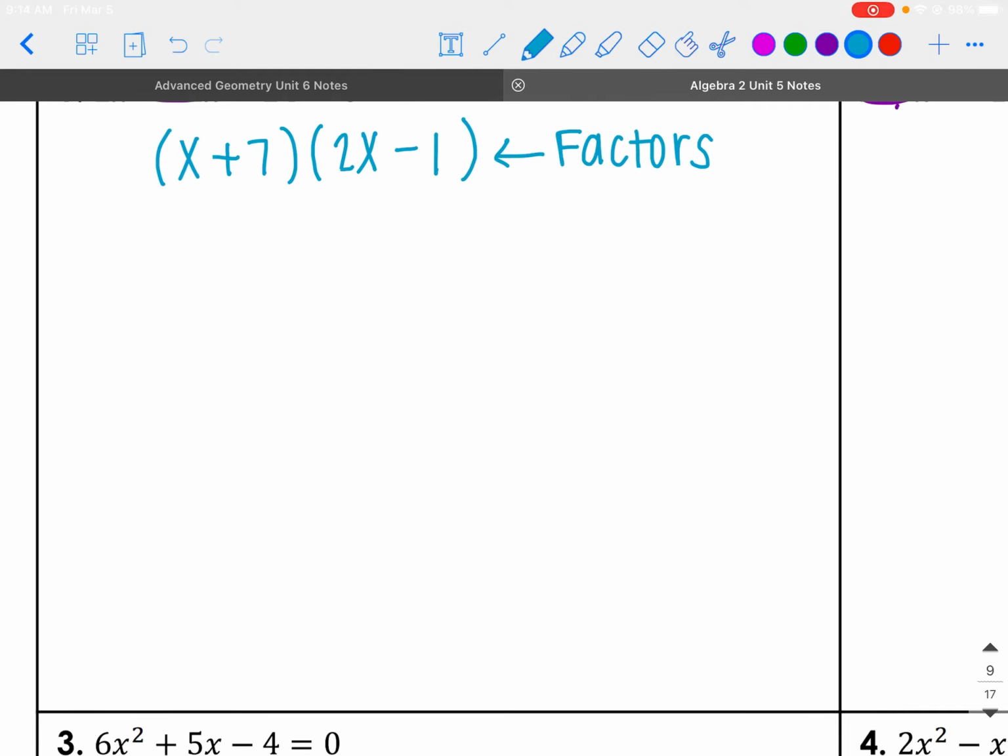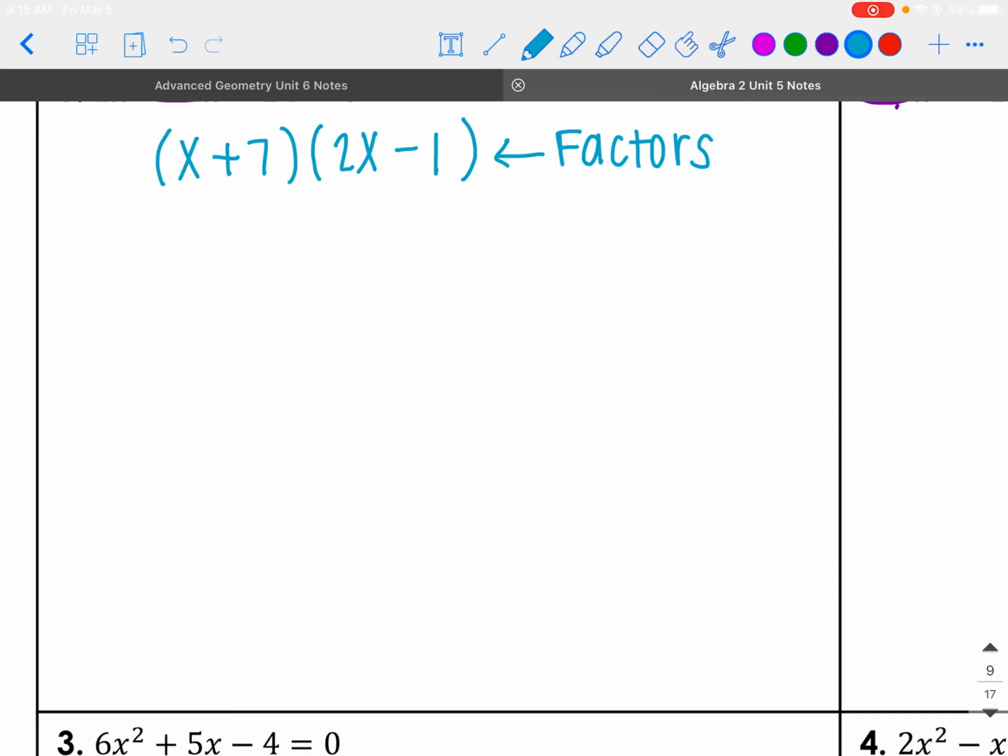You may have learned a little bit about factoring in Algebra 1. I'm not sure, it just depends on how far your class got. So some of this might be a review for you. But the factors are important to helping us find the x-intercepts.